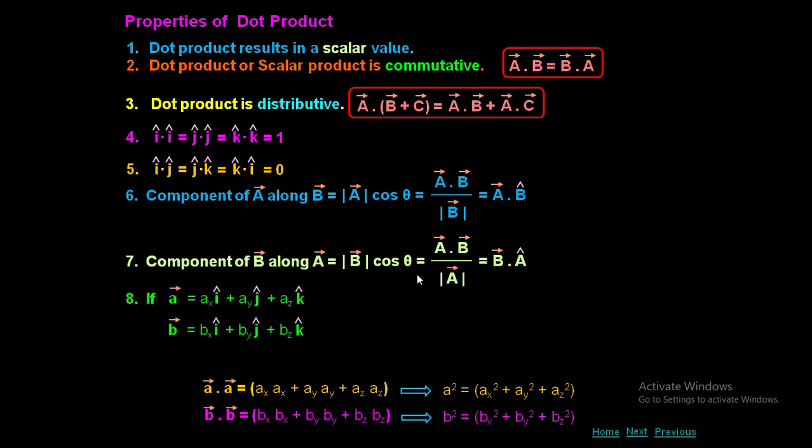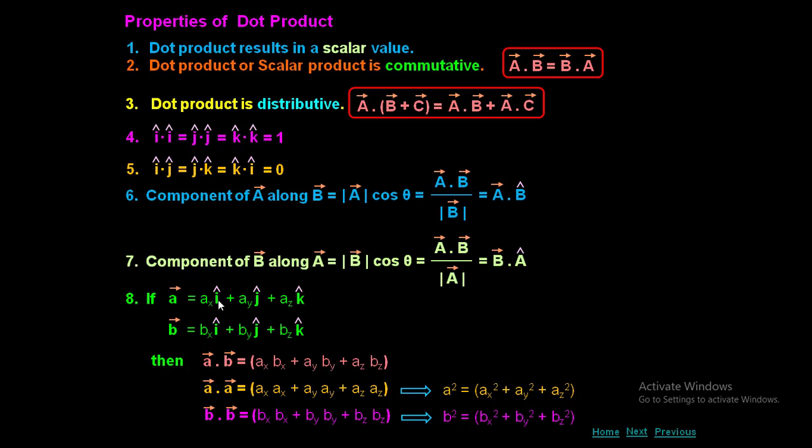If a bar is equal to ax i cap plus ay j cap plus az k cap and b bar equal to bx i cap plus by j cap plus bz k cap. Now if I want to multiply them, what is the resultant I am going to get? If I multiply a bar with respect to b bar, then i should be multiplied with respect to i alone, because if you see the property i cap dot i cap is equal to j cap dot j cap is equal to k cap dot k cap equal to 1.